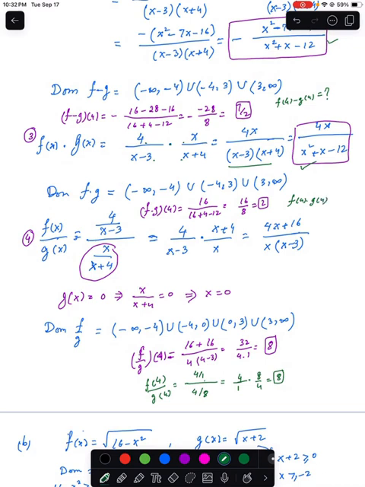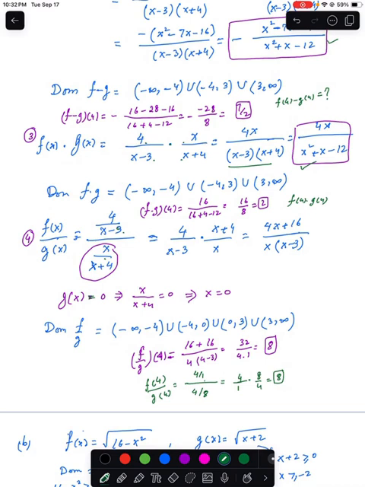The fourth thing is the quotient, so f of x over g of x. So here I have f of x in the top, g of x at the bottom. And remember, we should not have 0 for g of x at the bottom. So we set g of x equal to 0, which will give us x equal to 0. So g of x will be 0 when x is 0.